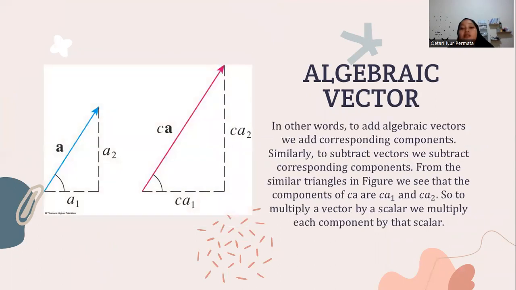In other words, to add algebraic vectors, we add corresponding components. Similarly, to subtract vectors, we subtract corresponding components. From the similar triangles in the figure, we see that the components of ca are ca1 and ca2.